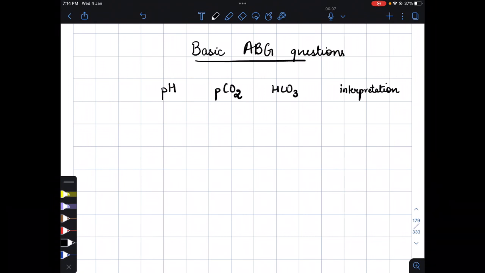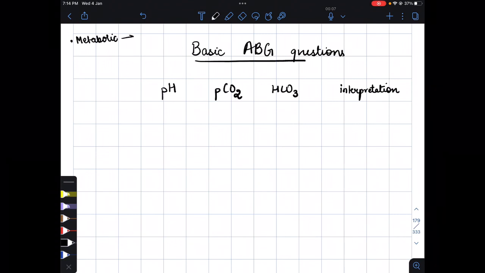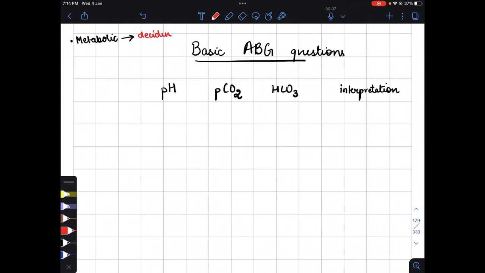So for the pH, partial pressure of CO2 and bicarbonate, first please remember that for the metabolic cases, we have to see the deciding factor. In metabolic cases, what is the deciding factor? The deciding factor is bicarbonate.